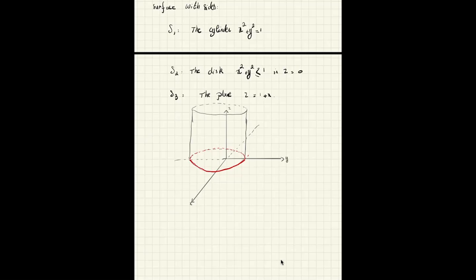And then lastly, we have the plane z, that is gonna go like this, right? It's a kind of plane that is gonna cut kind of like this, right?